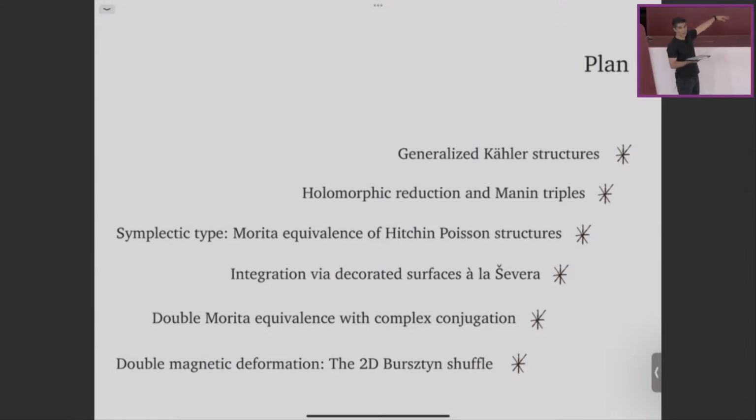That's what I mean by holomorphic reduction. And then after that, I'm going to explain how to integrate a generalized Kähler structure. That's really the whole purpose of this talk, is to explain something about the inherent structure of generalized Kähler that includes this question of integration. And I'm first going to do a simple case, which is called the symplectic type case, which I've spoken about many times in the past few years. And then after the halfway point, I'm going to explain somehow how you generalize this to the general case.